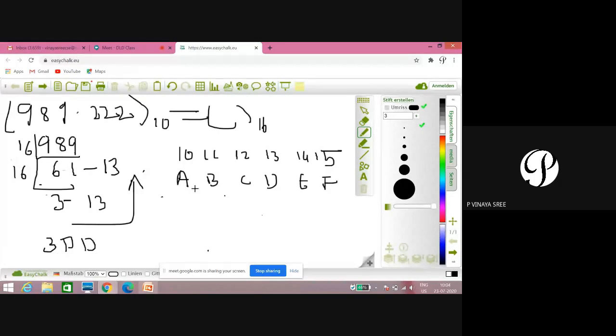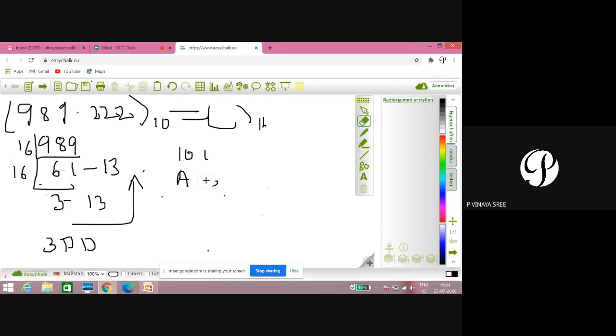Note down in your notes 10, 11, 12, 13, 14, 15 with equivalent symbols A, B, C, D, E, F. While calculating the fractional part, we will get numbers, and by seeing them you can tell what symbol it is.